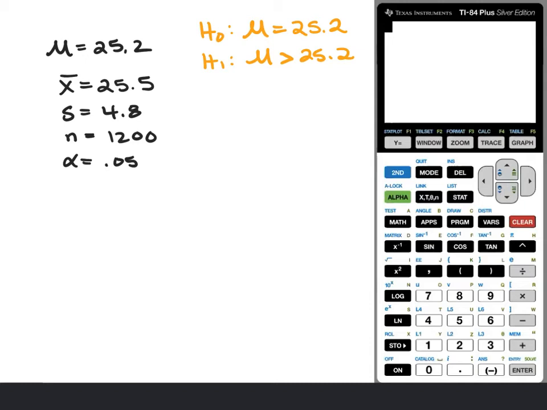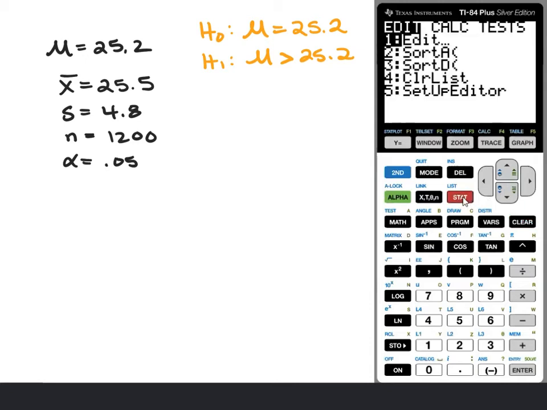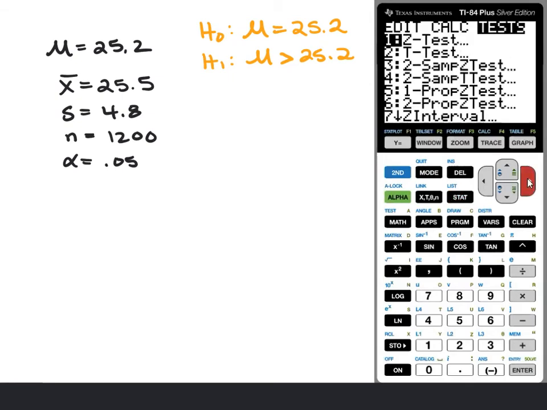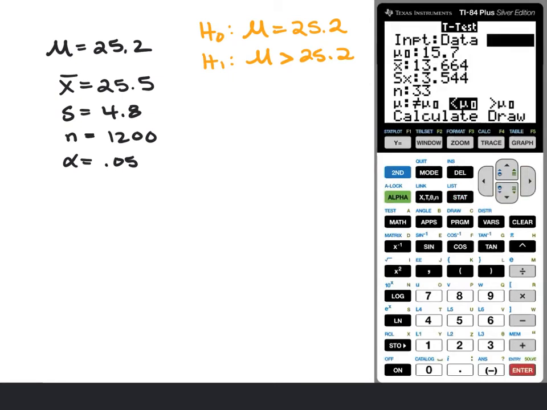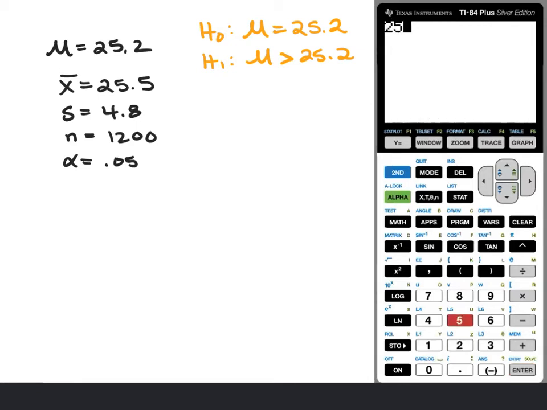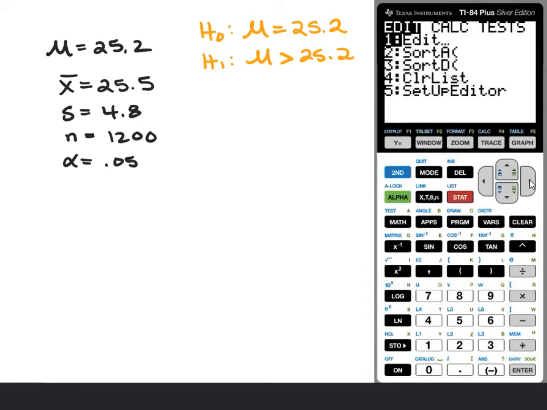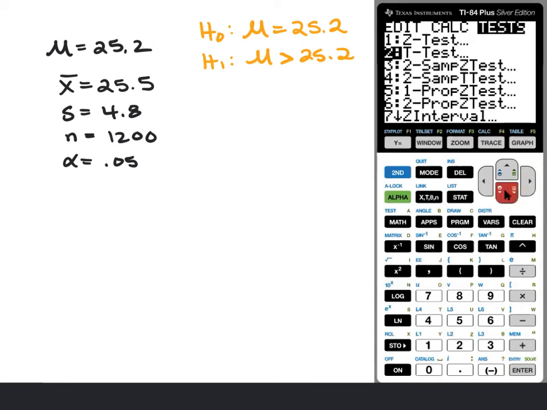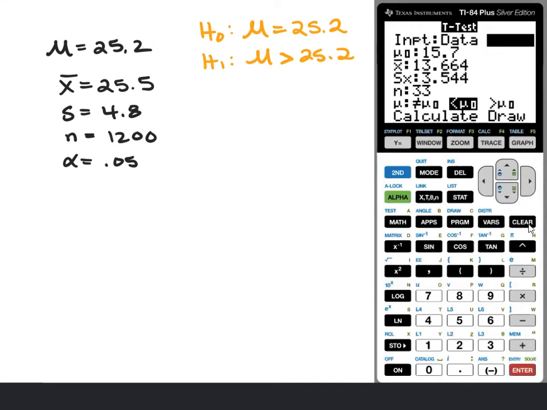All right, we're going to use our calculators to test our hypothesis. And to do that, of course, we're going to go to stat, over to test, down to t-test. We do still have statistics, so I can just make sure and put in my new null hypothesis. Got to be careful. Make sure and use that down button. There we go.